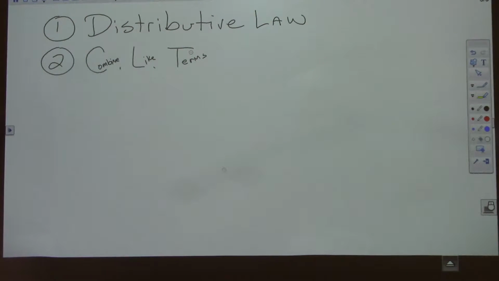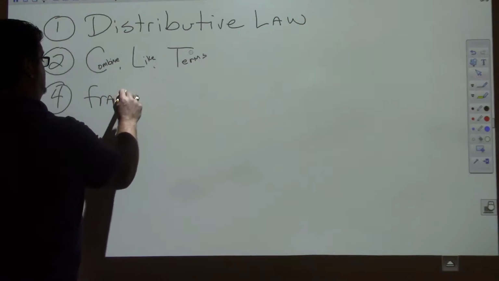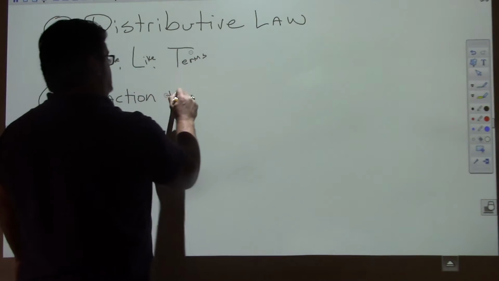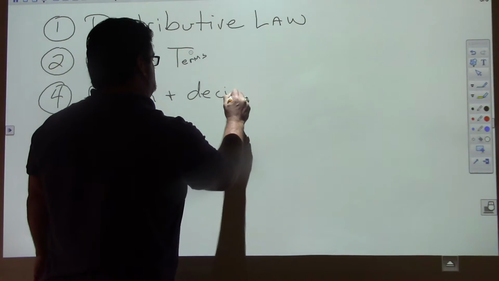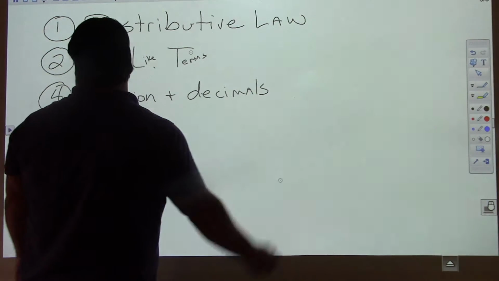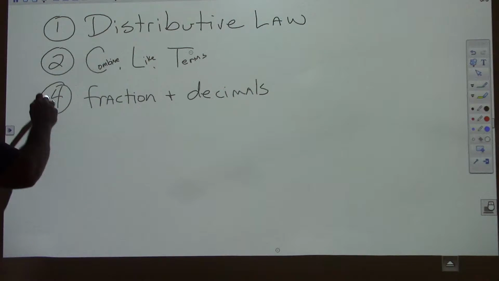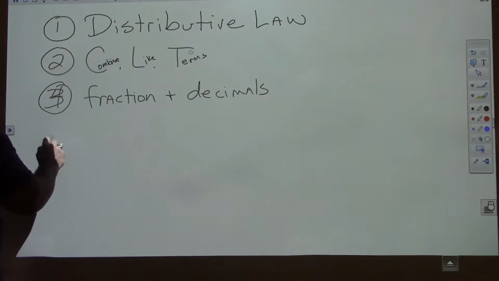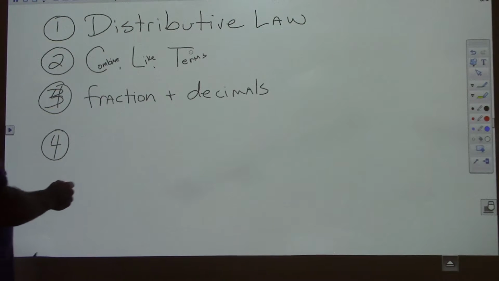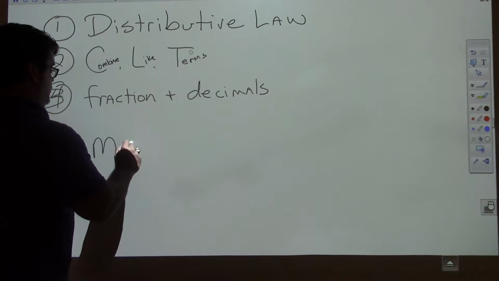CLT. 4. Fractions and decimals. Huh? You went 1, 2, 4. Smart aleck. 4. Multi-step.